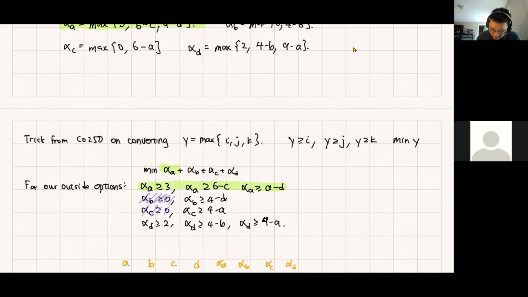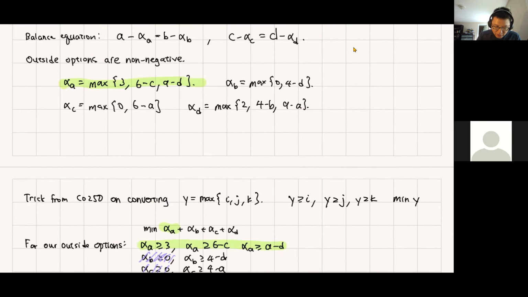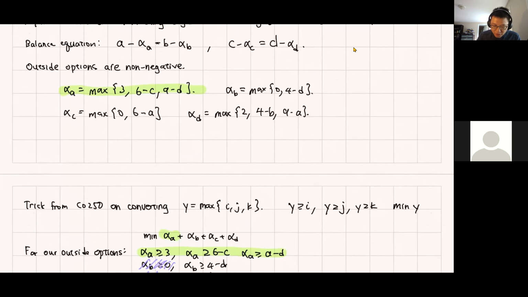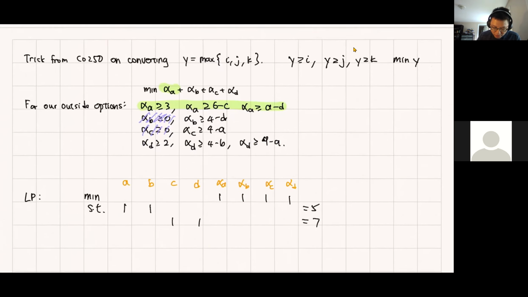For the objective I should just write 1, 1, 1, 1, and minimize subject to these constraints in coefficient form. A minus alpha A equals B minus alpha B, so A minus alpha A minus B plus alpha B is equal to 0.